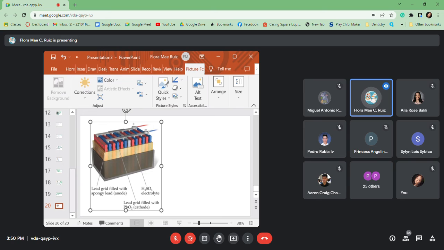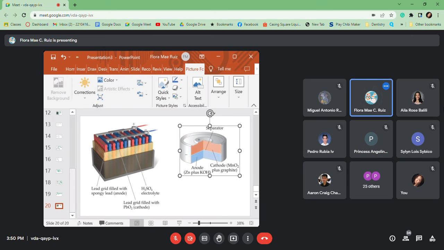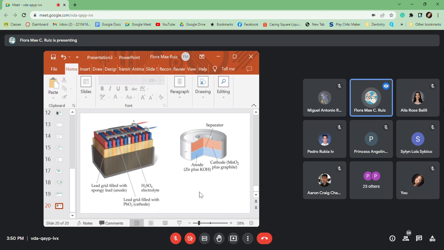However, since this is made with lead and sulfuric acid, this is considered hazardous to us. The next type of battery would be your alkaline battery. So this looks like this. Your alkaline battery is the most common primary battery. It has an anode, a cathode, and a separator between the anode and cathode.